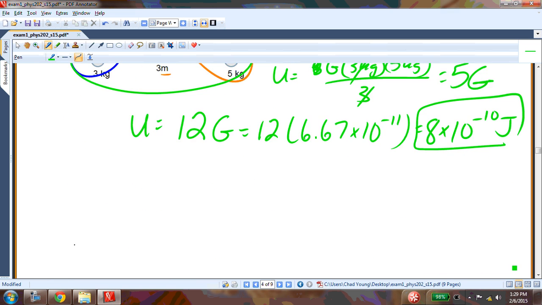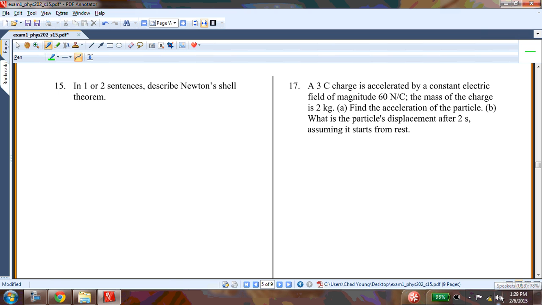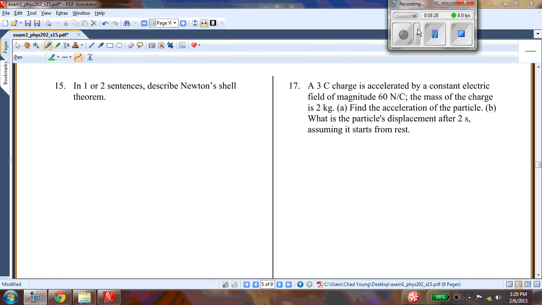All right, so in 1 or 2 sentences, describe Newton's shell theorem. I accepted a range of answers on this, but basically it's that a uniform shell of matter attracts a particle that is outside the shell as if all the shell's mass were concentrated at its center.